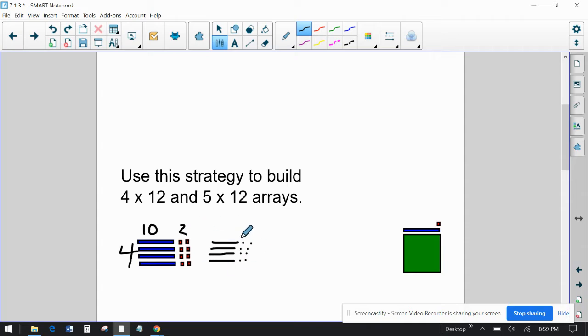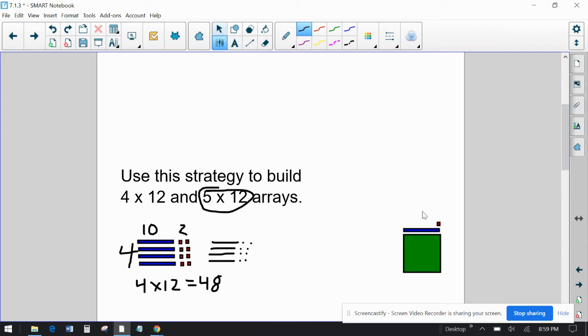So I could draw it though and then count 10, 20, 30, 40, 2, 4, 6, 8. So the answer to 4 times 12 equals 48.